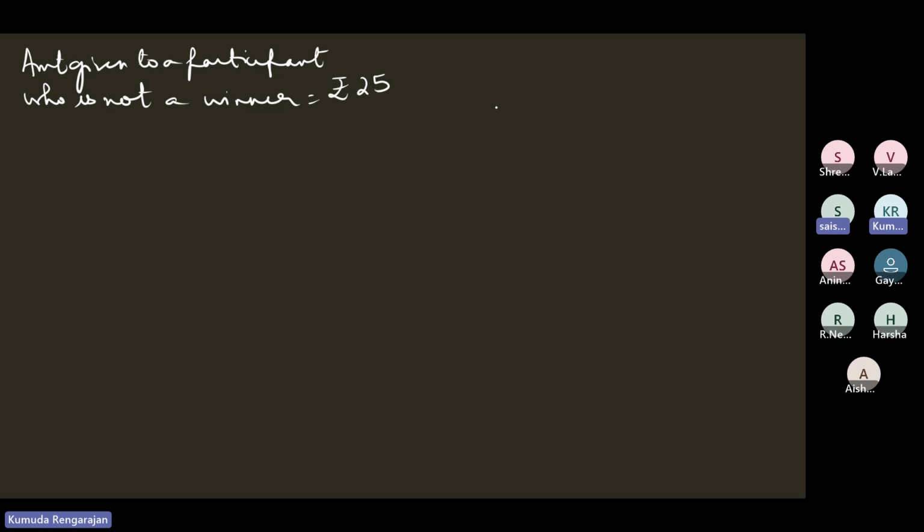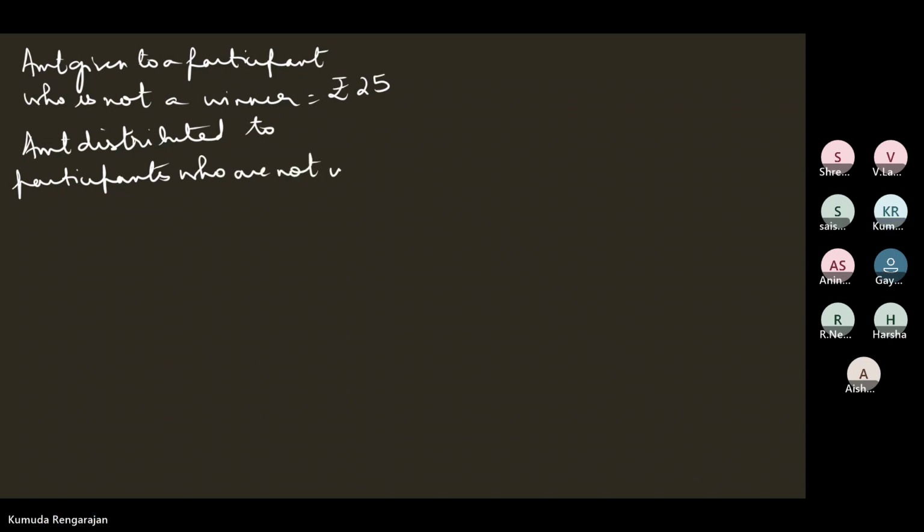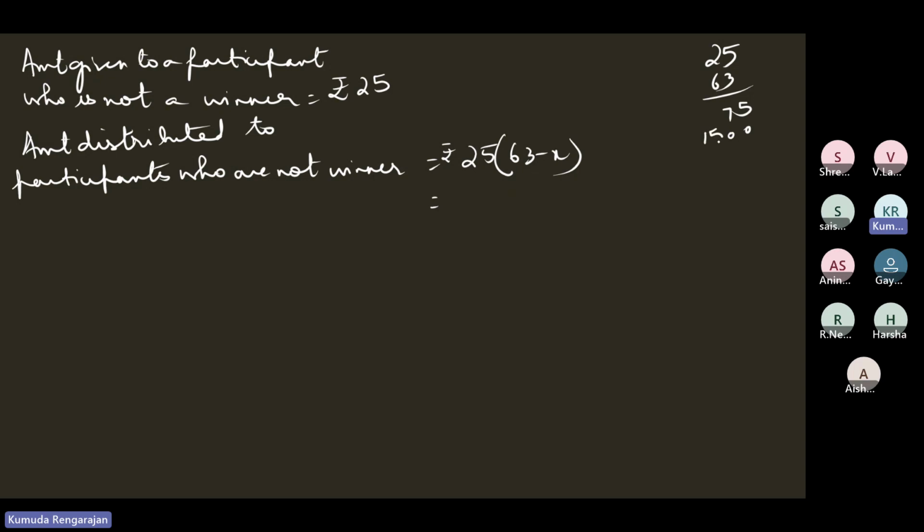So how many participants but not winners? 63 minus X. So amount distributed to participants who are not winners will be equal to rupees 25 into 63 minus X. So 25 into 63 is 315, 1575.